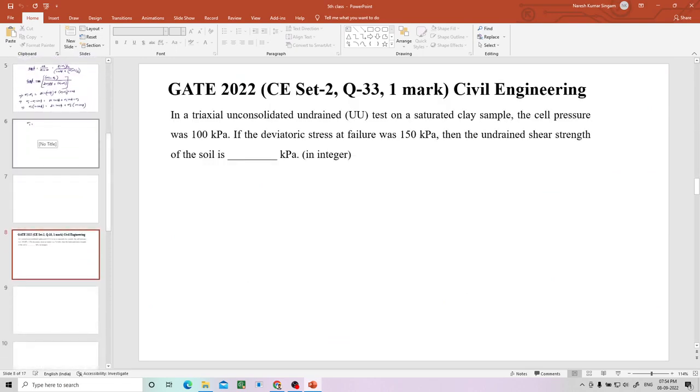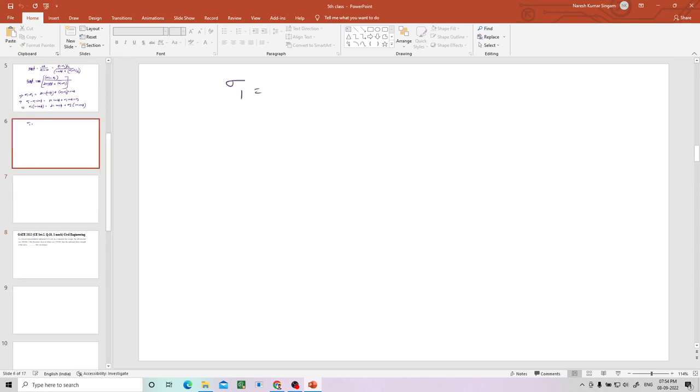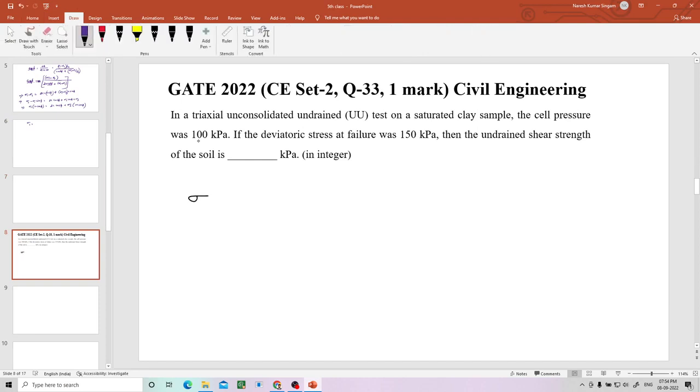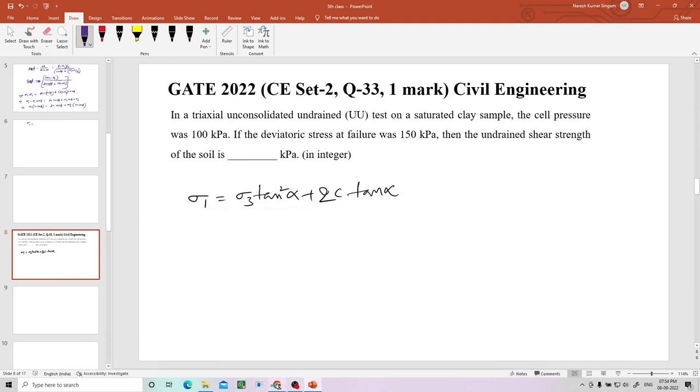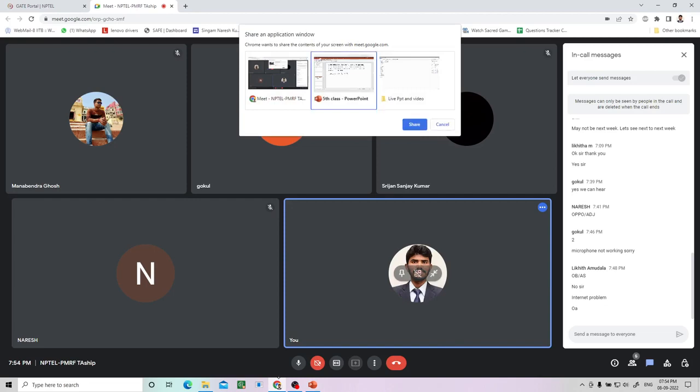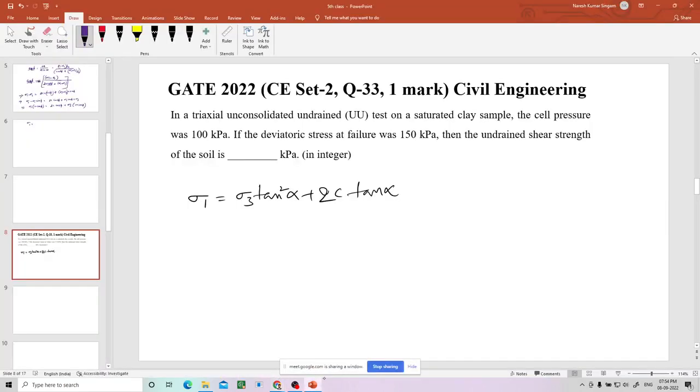See that we have lost that, but I'll directly write this formula. What did we get? Sigma 1 equals sigma 3 tan square alpha plus 2c tan alpha. Hello, sir. Tell me. Okay, let me check. Can you see now? I hope you can see now.